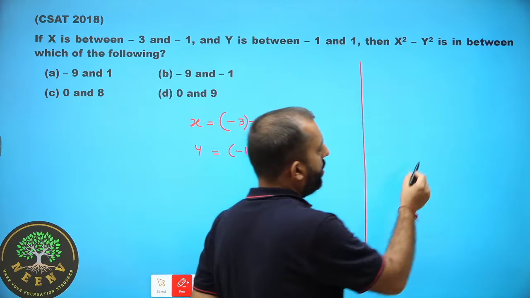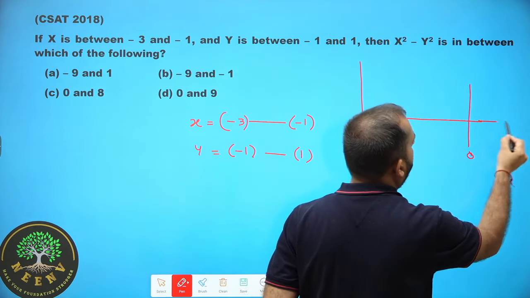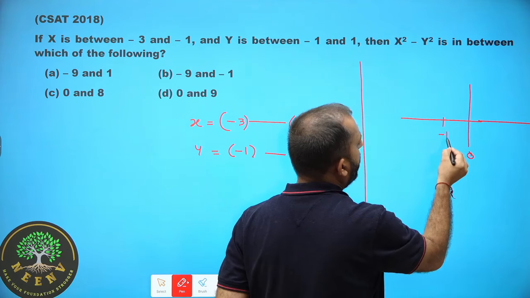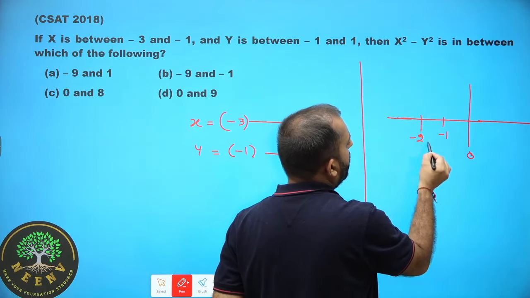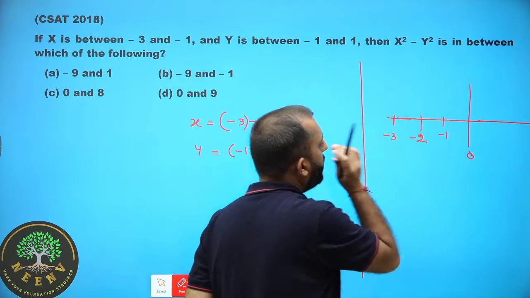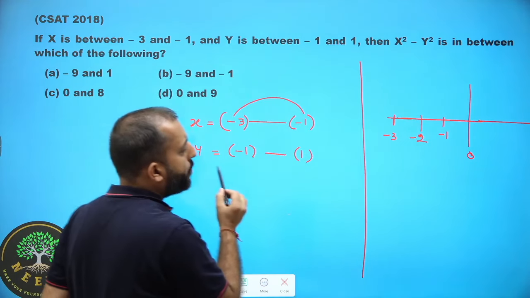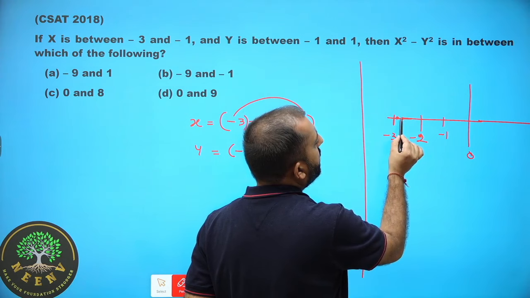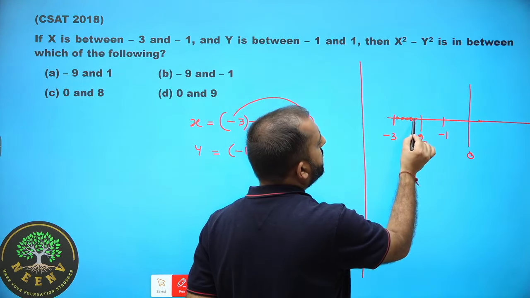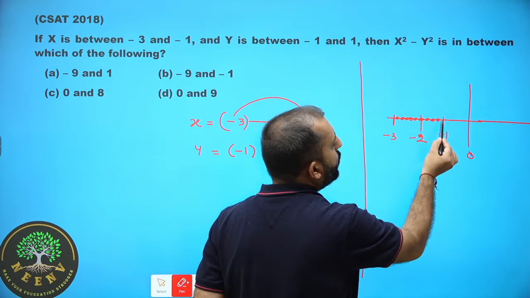In the number line, if this is 0 and this is -1, this is -2 and this is -3, so x will lie between -3 and -1. So x will correspond to all those numbers that lie between -3 and -2, and between -2 and -1 also.